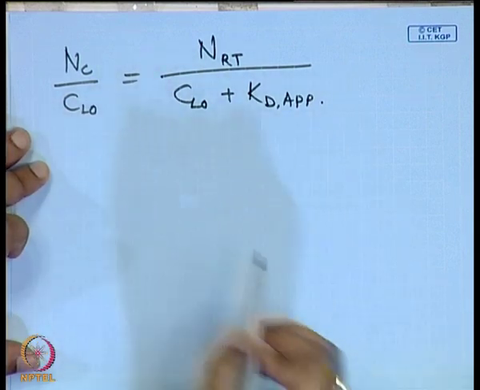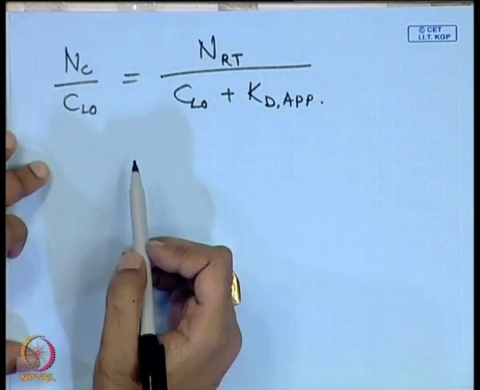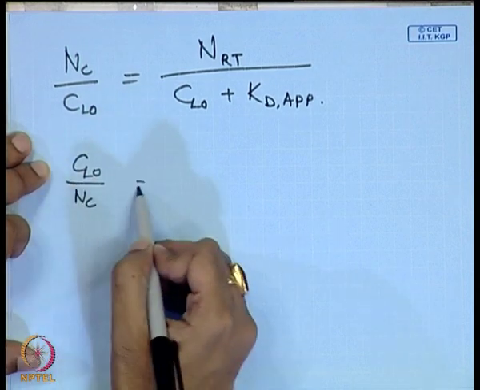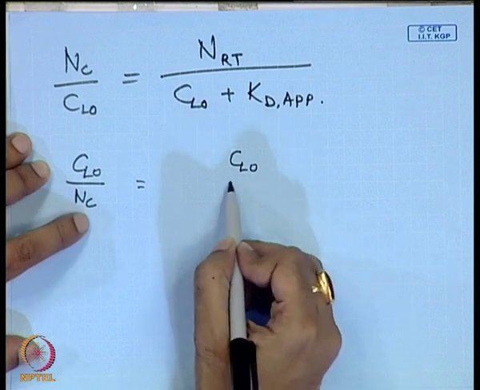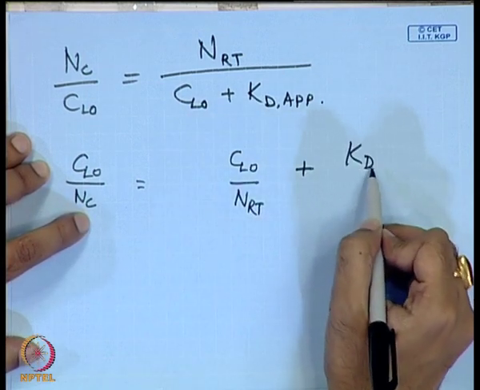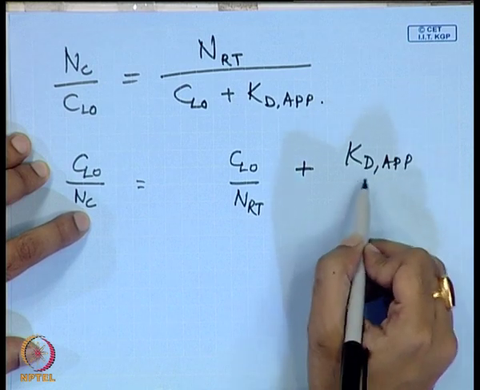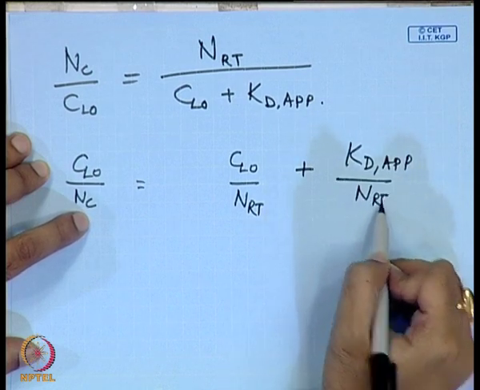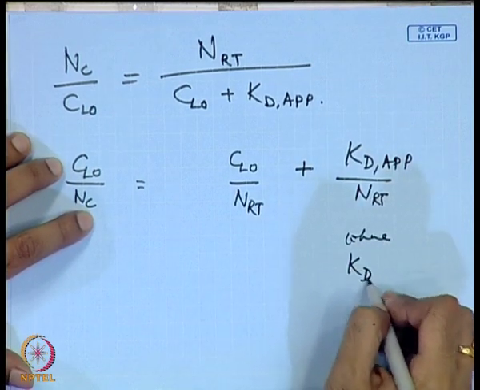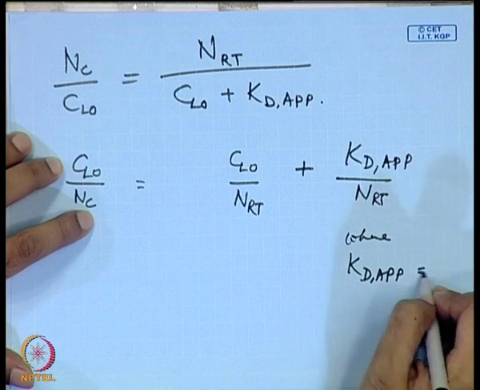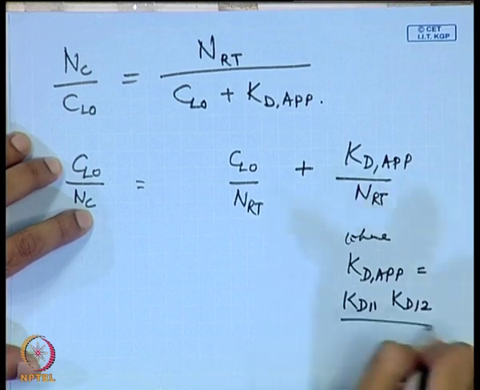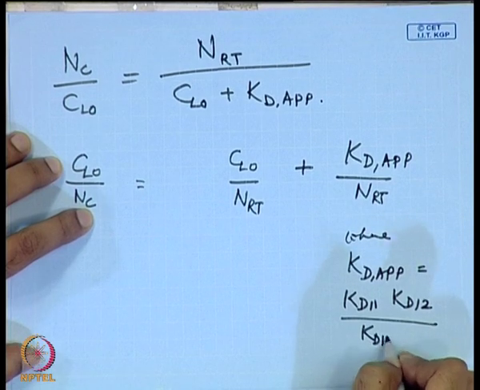So, I can do it this way, which is CL naught over NC equals CL naught over nRT plus KD apparent over nRT, where KD apparent is this number, KD11 times KD12 divided by KD12 plus 1.